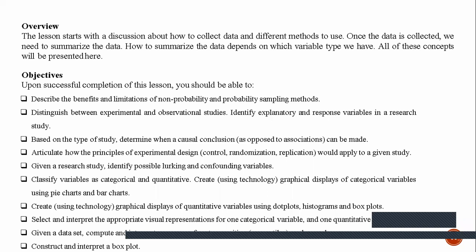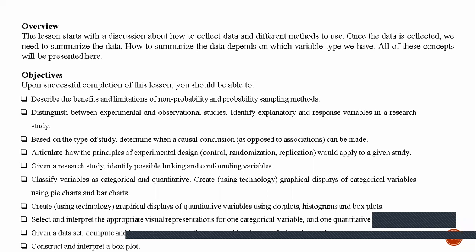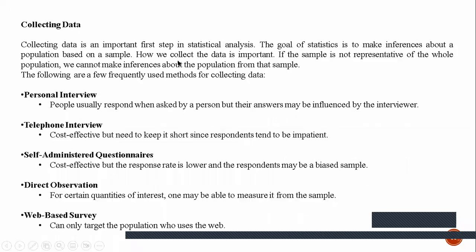All of these concepts will be presented within this lesson 1. Here I have mentioned the objectives of this first lesson; you can go through these objectives by yourselves. Okay, now let's move to collecting data.